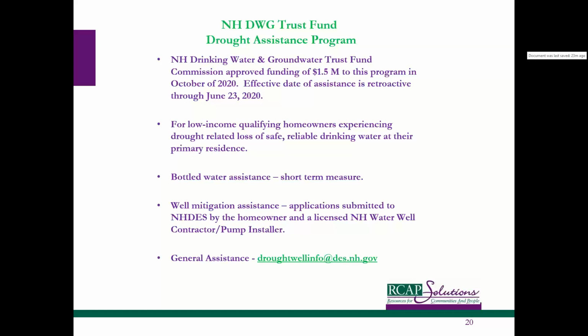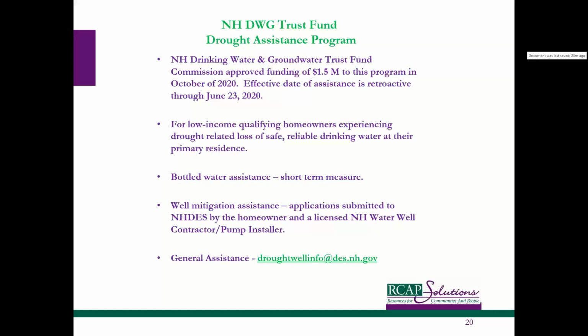And this program is for low-income homeowners who are experiencing drought-related loss of safe, reliable drinking water at their primary residence. For well mitigation assistance, applications need to be submitted to DES by both the homeowner and a licensed New Hampshire water well contractor or pump installer. And I've provided an email address at the bottom of the slide if you're looking for general assistance there.